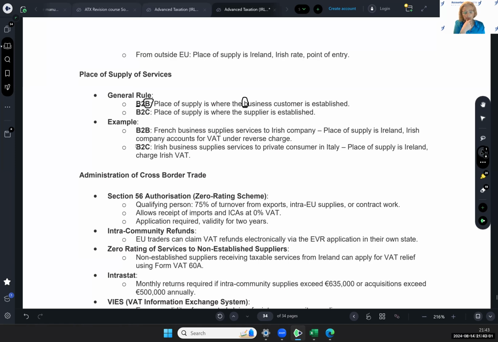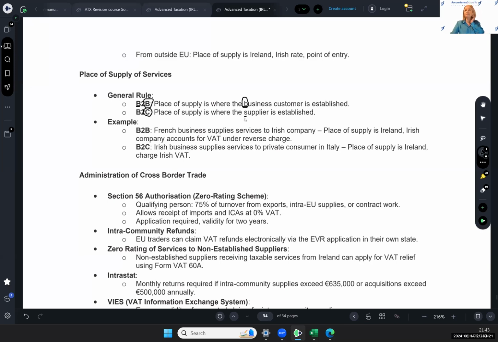All right, next one we have then is B2C, and B2C is business to consumer. So your B2C general rule is the place of supply is wherever the supplier is established. So think about it for a second.